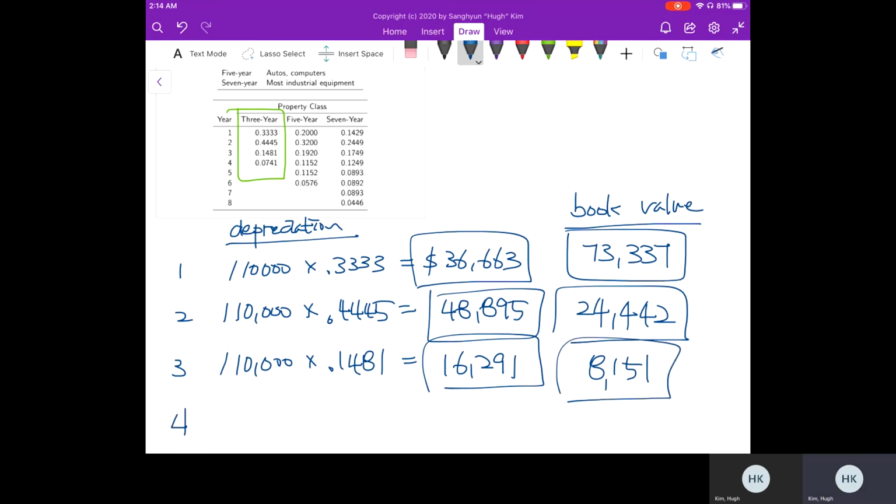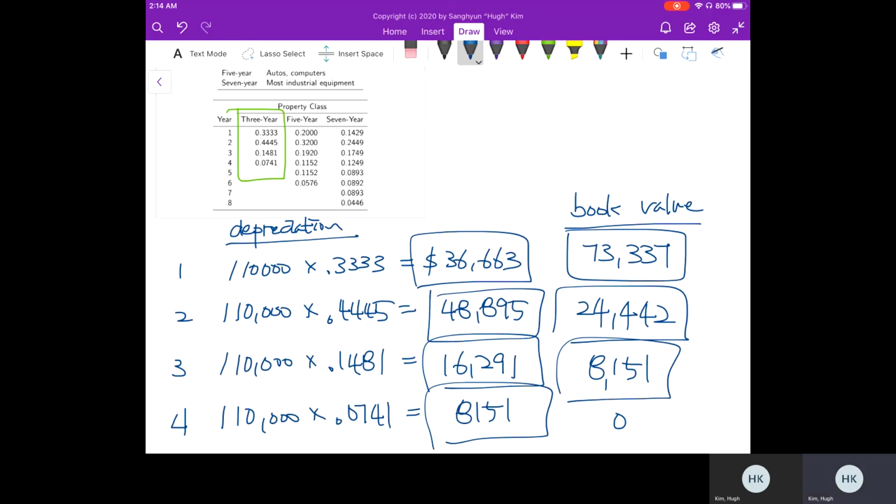In year 4, the depreciation will be 110,000 times 0.0741, so 7.41%. This will be $8,151, so the book value will become 0.